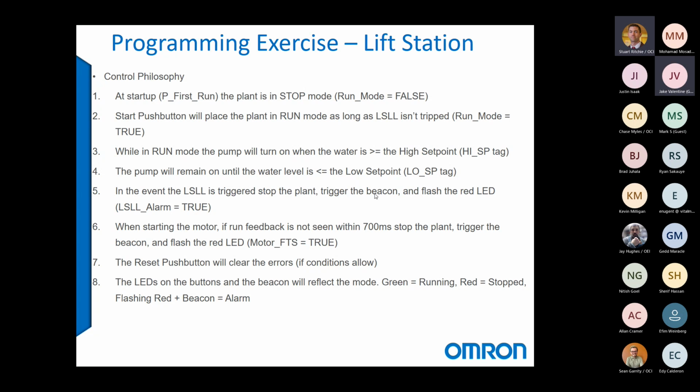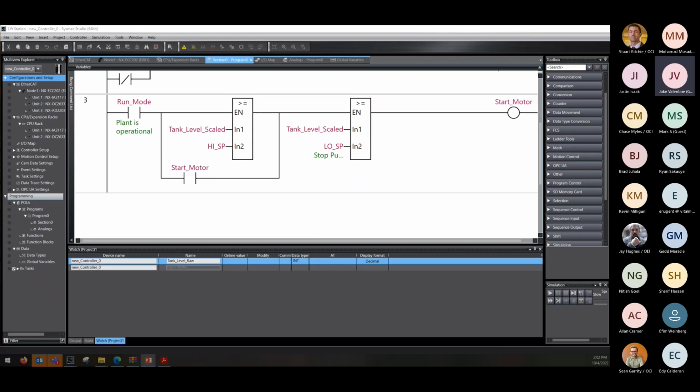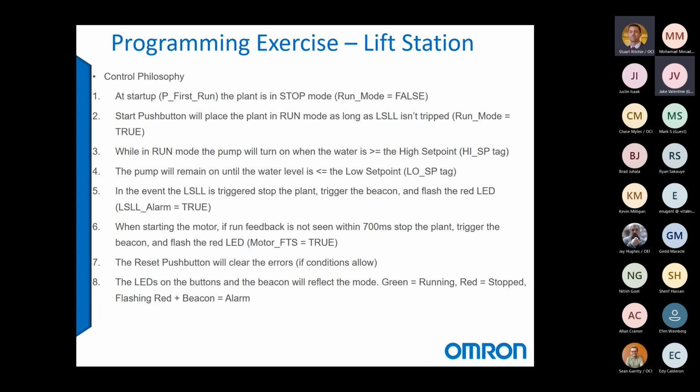And we also want to trigger the beacon and turn on the red LED. I will help you with the flashing part, but I'll give you a few minutes to proceed with that. If you have any questions, by all means, say them now or type them in chat.